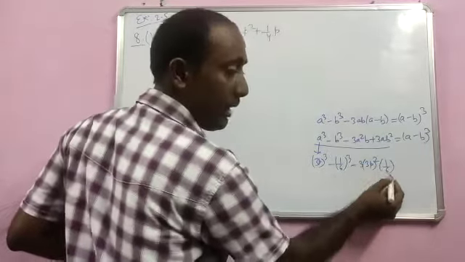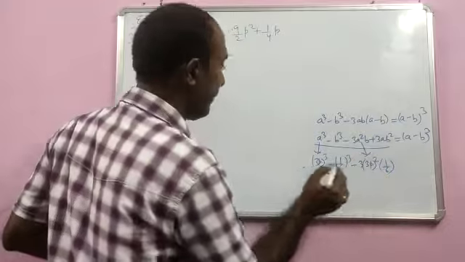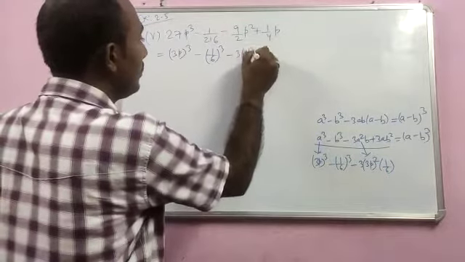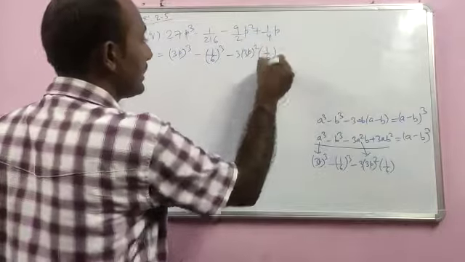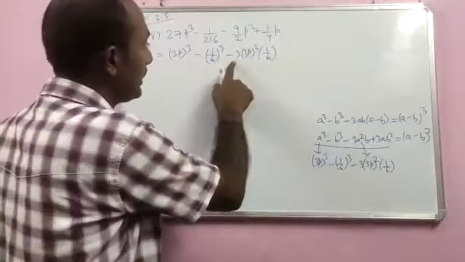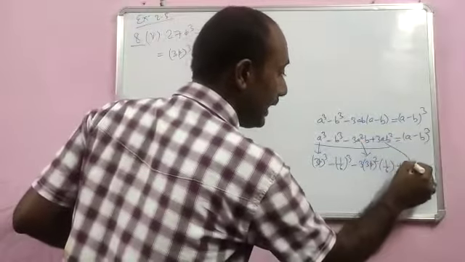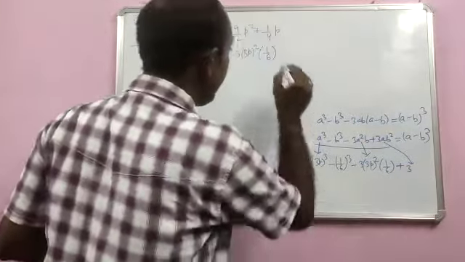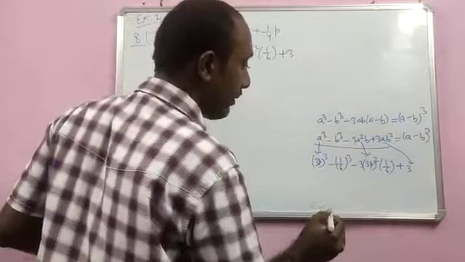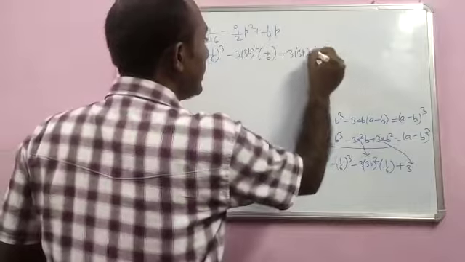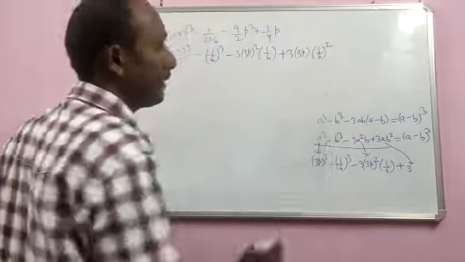So 3a square b means we need to write here 3 into (3p) square into 1 by 6. This is the minus 3a square b form, and then plus 3ab square. So what is 3ab square? a is your 3p and b square is (1 by 6) square.